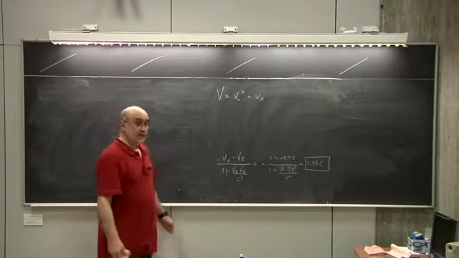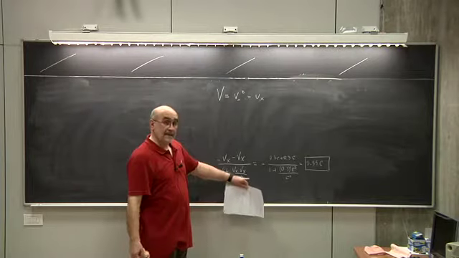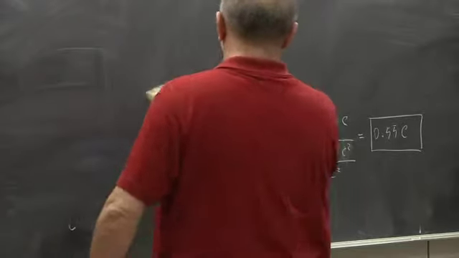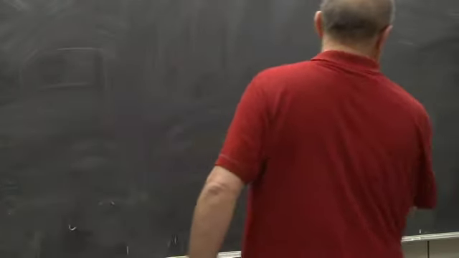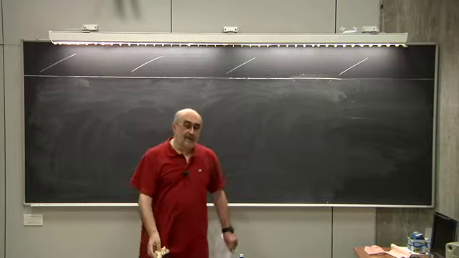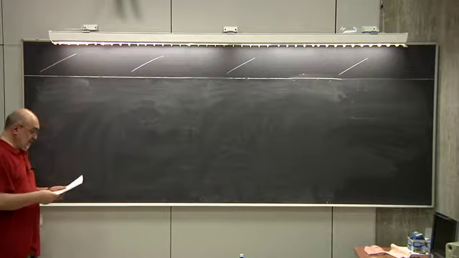You have to use the velocity addition formula of relativity that has this extra denominator. Okay? And remember, all this is related to the fact that the velocity of light does not change, it is the same.